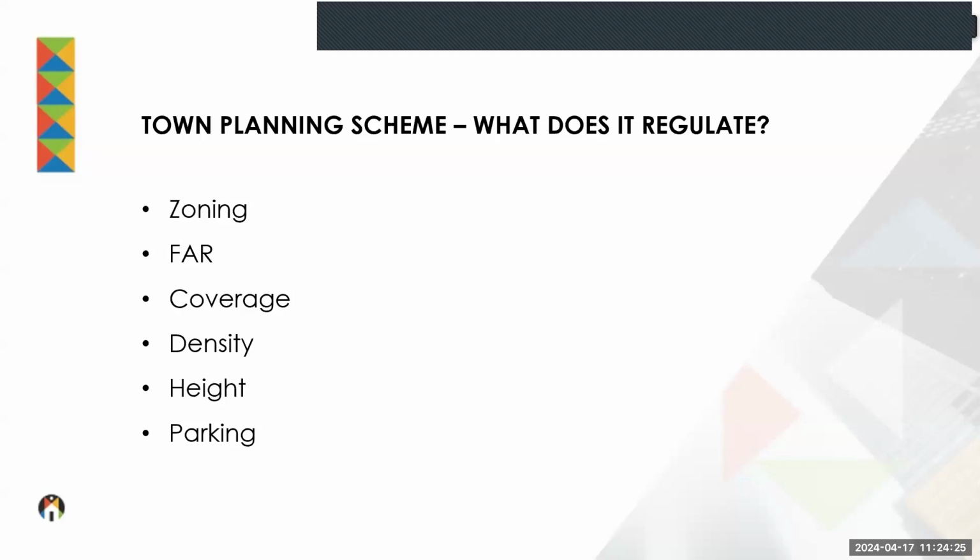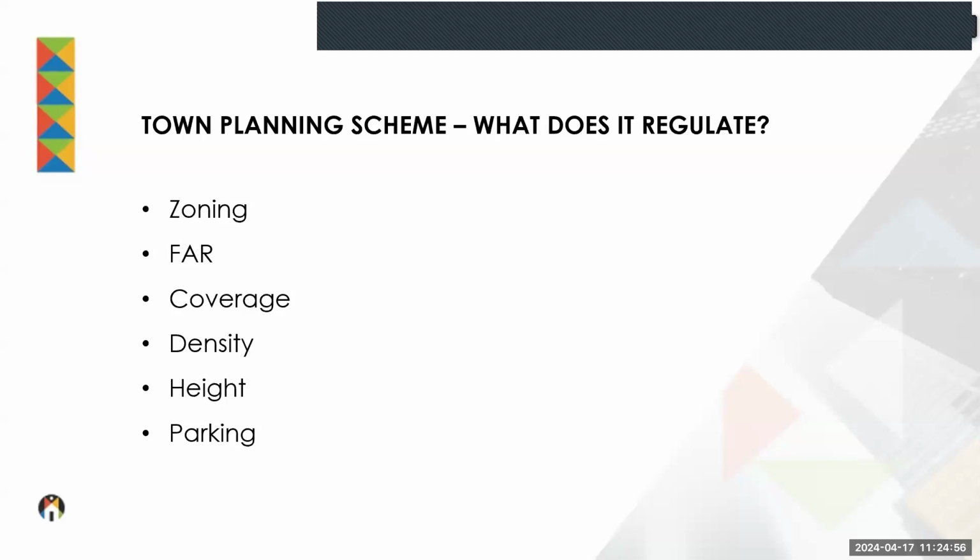Another thing that we also look at is the FAR, the floor area ratio. That is all to do with density. Read that together with the coverage. So FAR, coverage, and density basically talk to the same thing. Then in many cases, there are height restrictions. Some town planning schemes might have a very specific way of calculating the maximum height of a building, while others are quite easy to comply with.